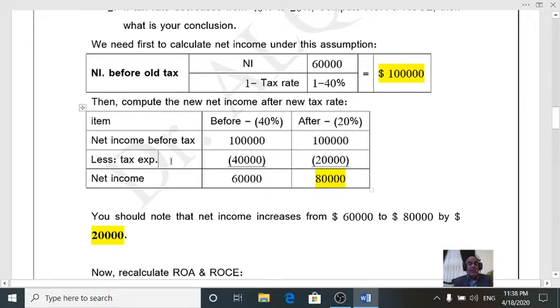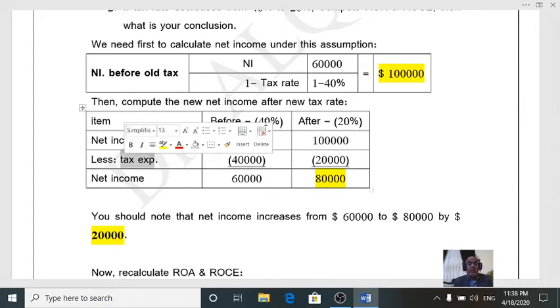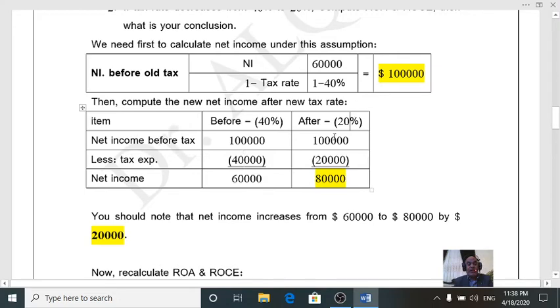Then we deduct tax expense: 40% is 40,000, 20% is 20,000. So net income will be 60,000 in the first assumption, and now net income will be 80,000. So you can note that net income of New Look Corporation increases from 60 to $80,000, by $20,000.